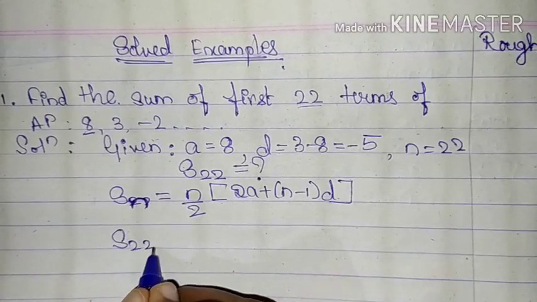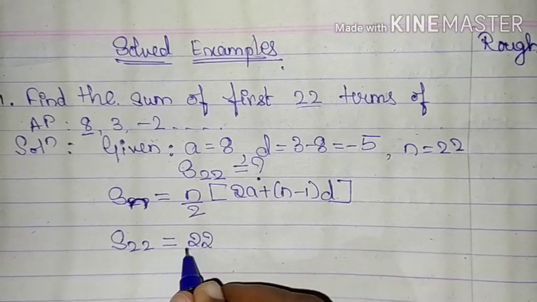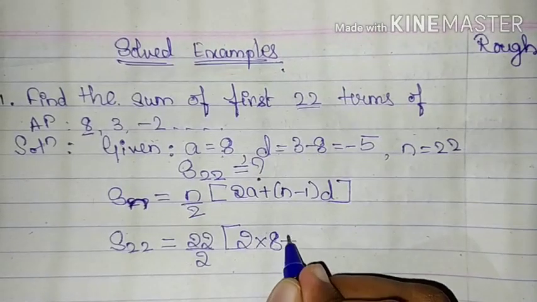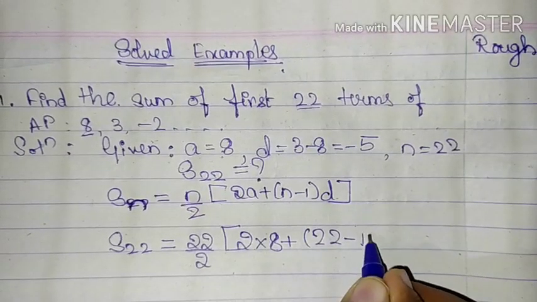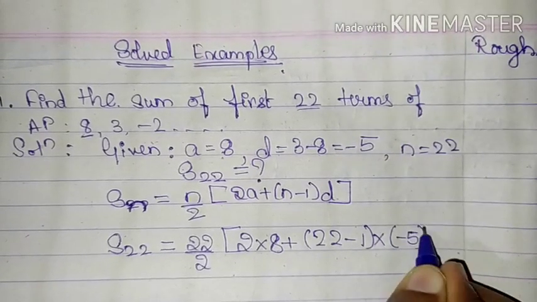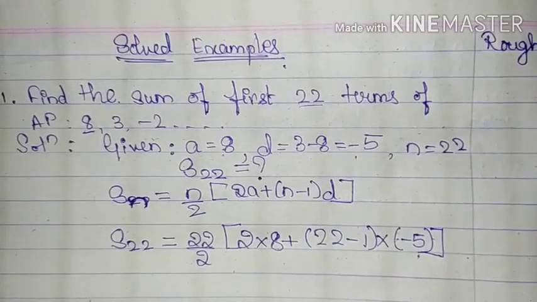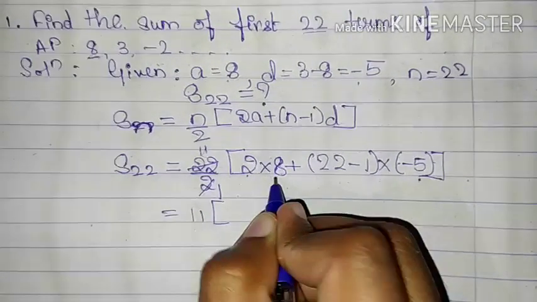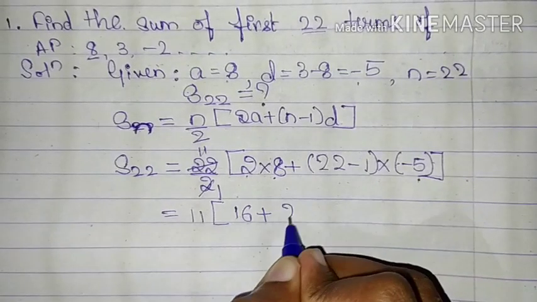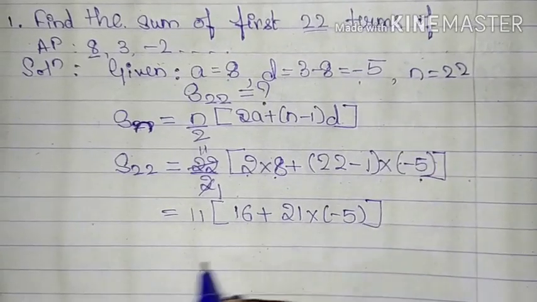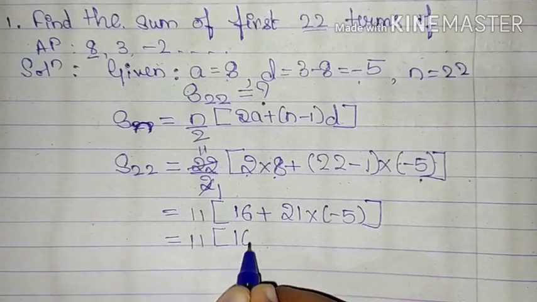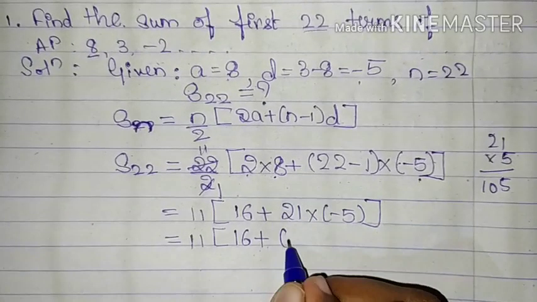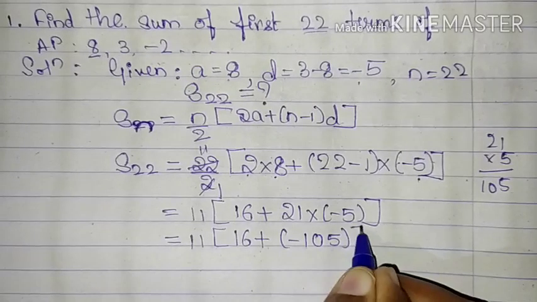So S22, because n is equal to 22, is equal to 22 by 2 into 2 into 8, because a is 8, plus n, once again n is 22, minus 1 into minus 5, because d is minus 5, which is equal to 2 ones are 2, 11s are 11, into 2 8s are 16 plus 21 into minus 5, which is nothing but 11 into 16 plus 21 into 5 plus of minus 105.